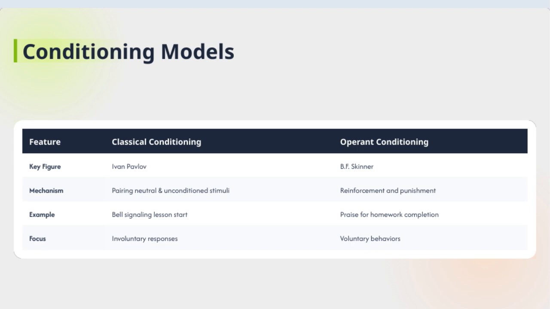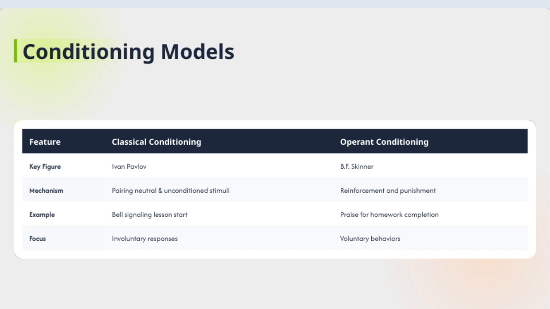Rewards encourage repetition, while punishments decrease unwanted behaviors. The process of pairing neutral stimuli with unconditioned stimuli is fundamental in classical conditioning, creating associations that influence future responses. Both Pavlov and Skinner contributed key insights into these mechanisms, which form the basis of many behavior modification techniques.